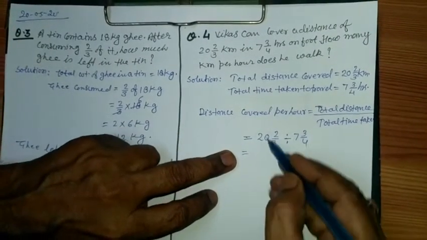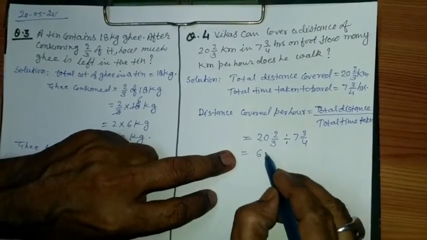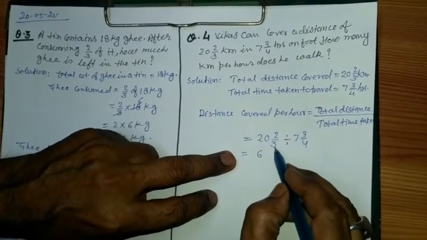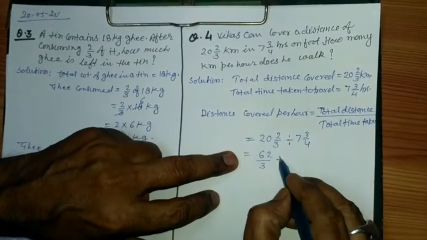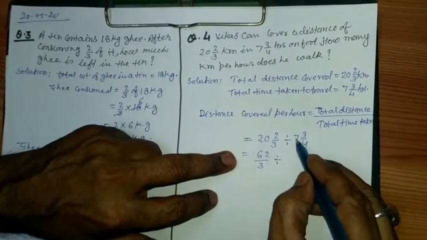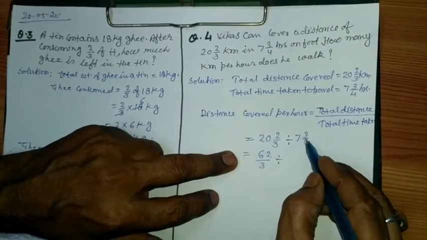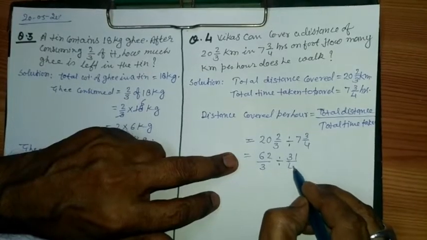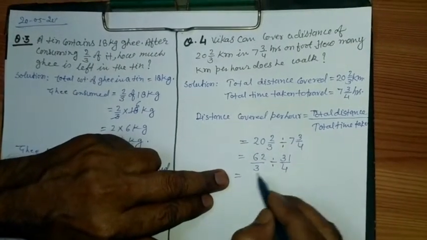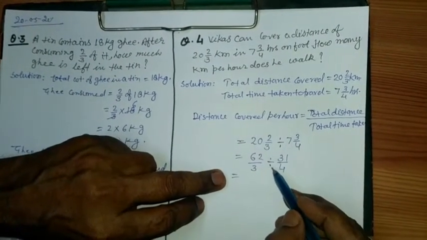Change into improper. We get 3 times 20 is 60 plus 2, 62 upon 3, divide 7 times 4 is 28 and 3, 31 by 4. Now we change the divide into multiply.